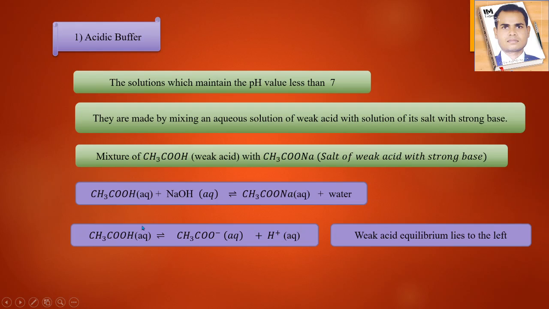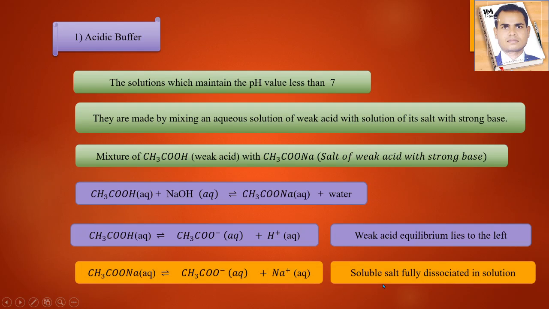Acetic acid is an acid, so obviously it will give the H plus to another species. Before giving the H plus, it dissociates first like this, and then it gives the H plus to another species. For a weak acid the equilibrium lies to the left.